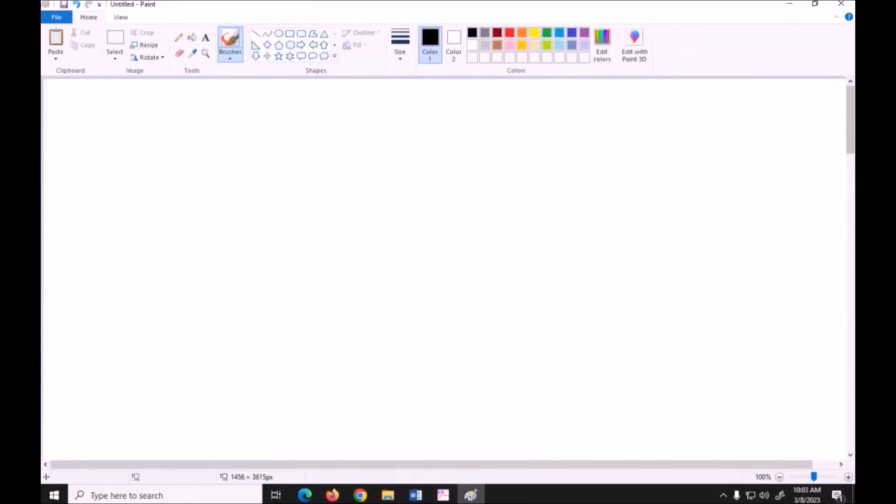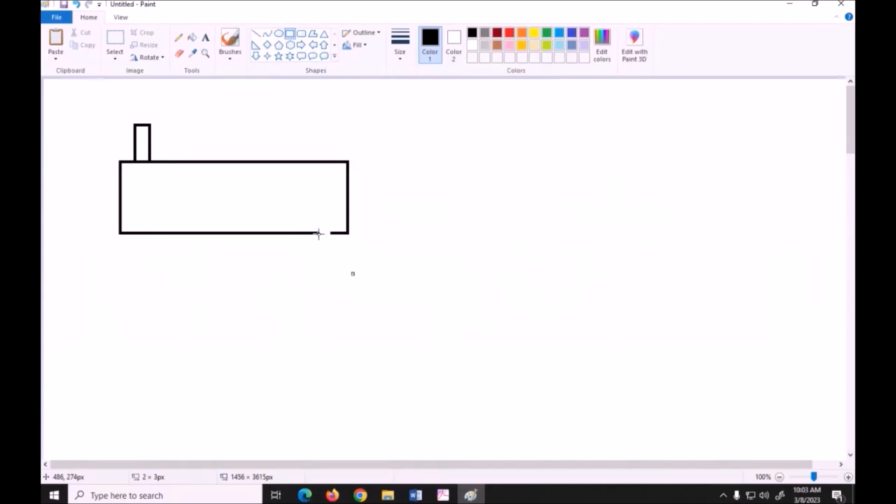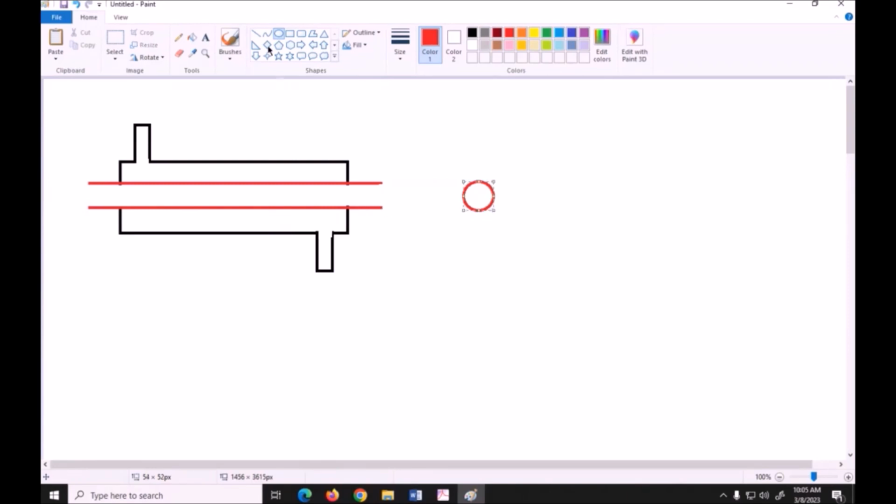Now about the tubular heat exchanger, there is a big pipe. This pipe has an inlet and outlet, and there is an outlet here. There is a pipe inside the tube. Now this is a double pipe heat exchanger, or we can say a tubular heat exchanger. The red color is the tube inside, and you can see from the side view it is a small circle, and the black color is the big pipe.